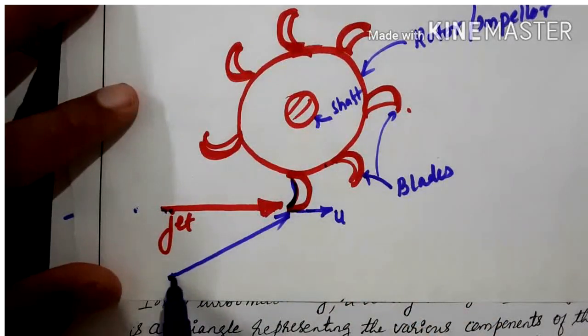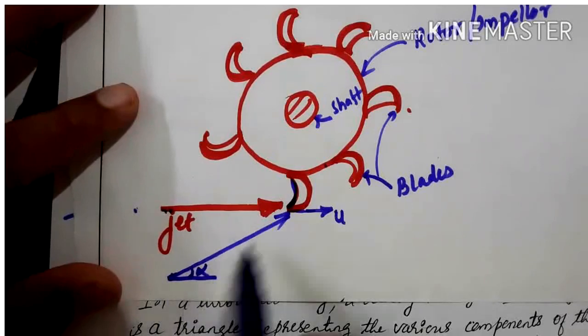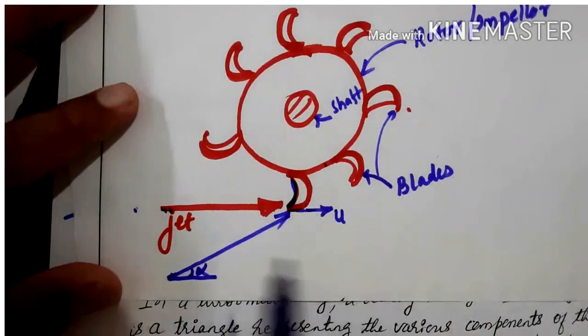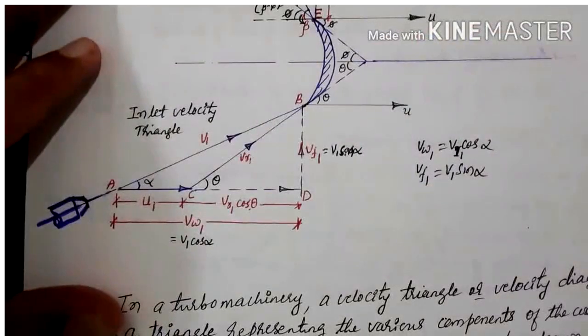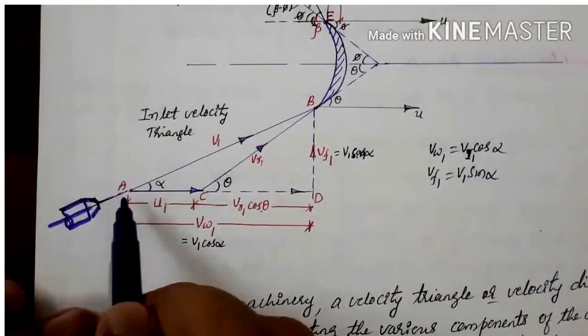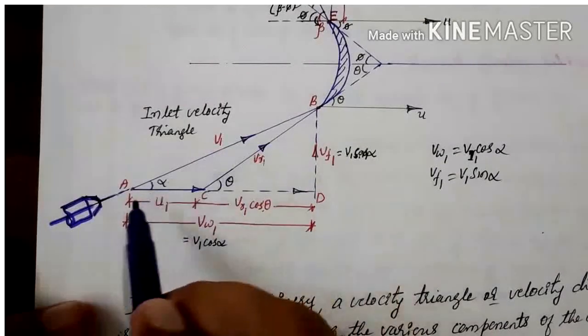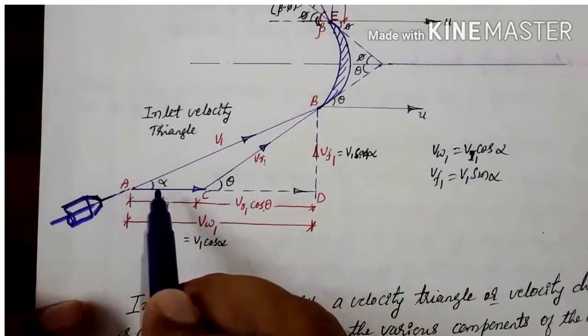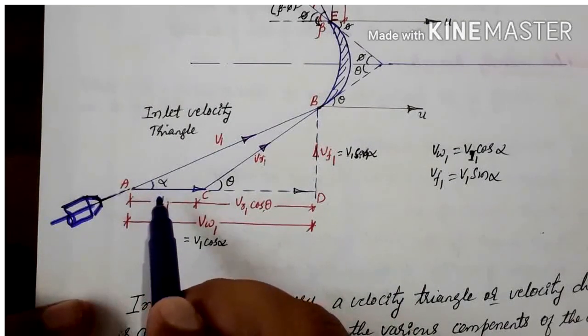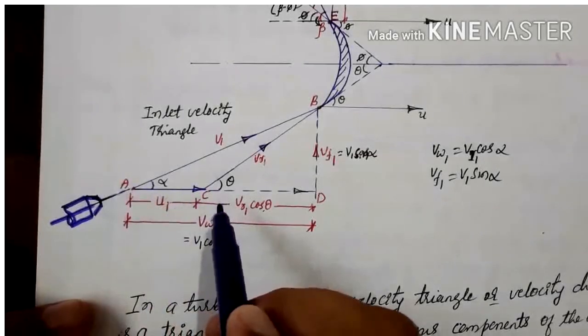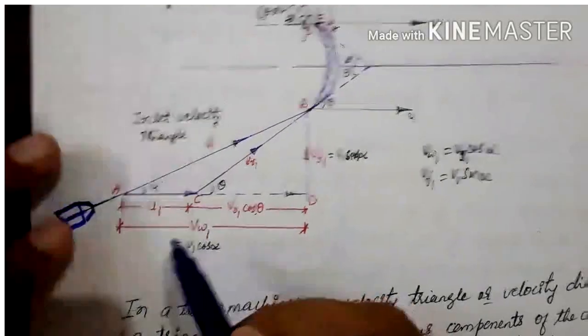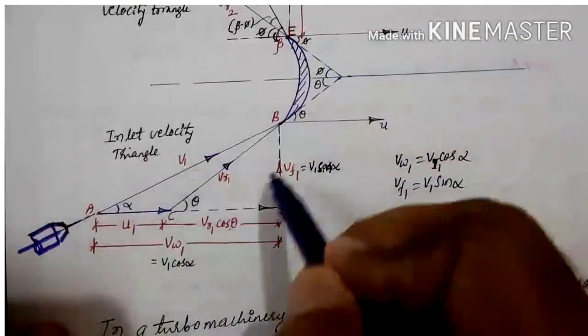So the jet makes an angle of alpha with the tangential direction, or with the horizontal. Then this velocity v1 makes an angle alpha with the tangential direction, or with the direction of motion of the vane.